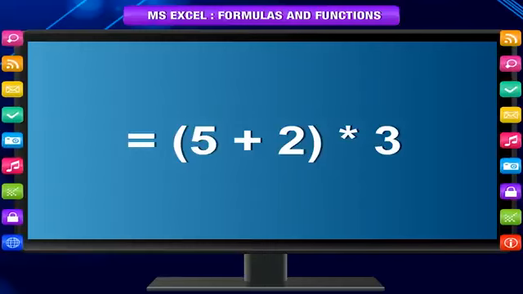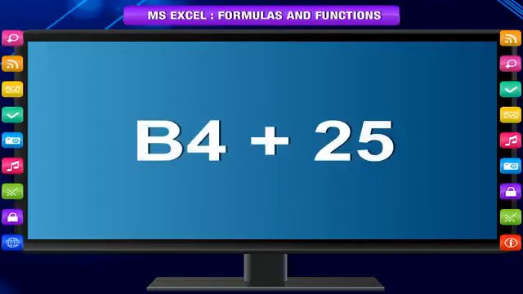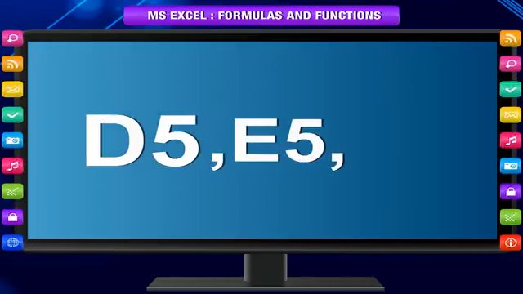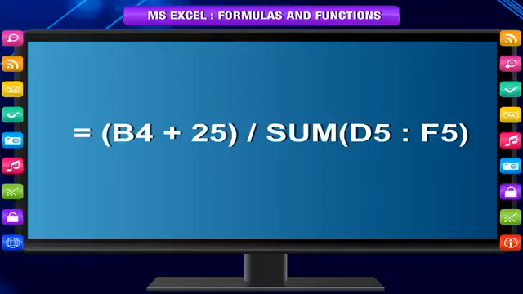In the example below, the parentheses around the first part of the formula force Excel to calculate B4+25 first and then divide the result by the sum of the values in the cells D5, E5 and F5: =(B4+25)/SUM(D5:F5).